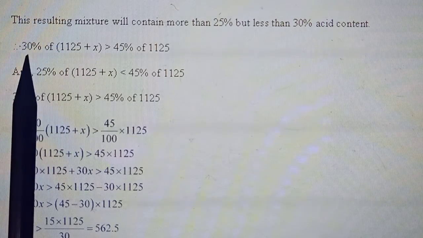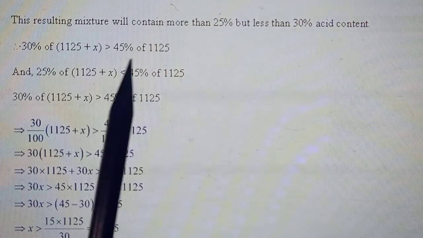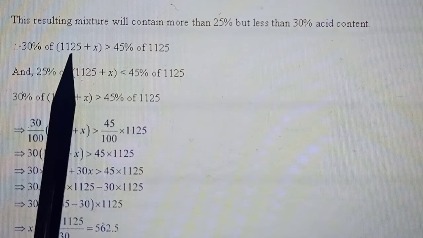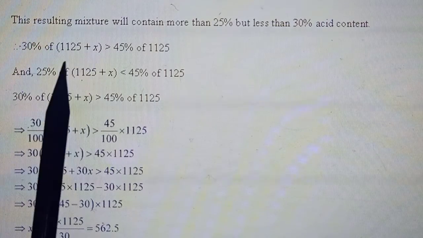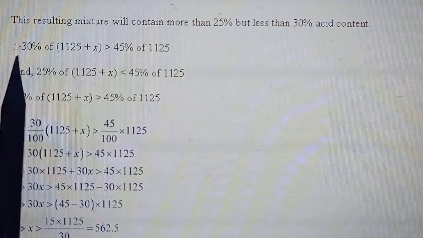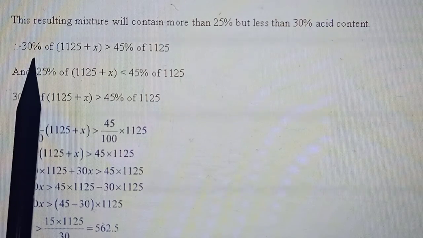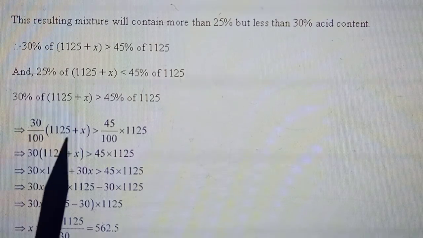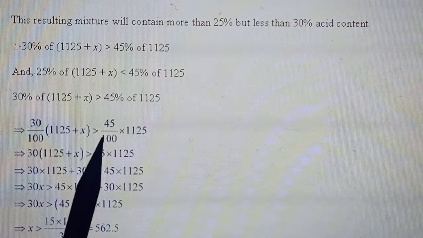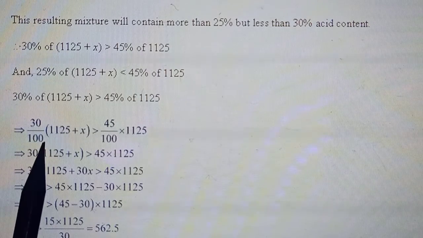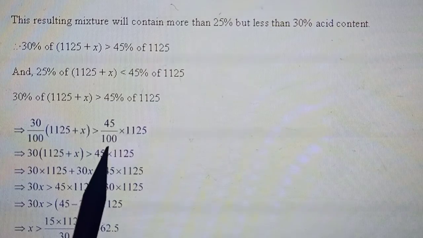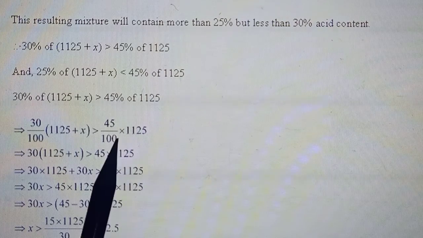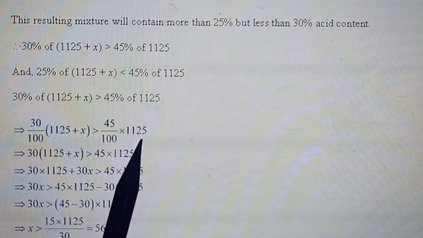One by one you take it, as they have taken first, less than 30. The acid content has to be less than 30% of (1125 plus x). The mixture strength had to be 30% at maximum. So 30/100 into the total mixture gives the content of acid in this mixture, which is the maximum limit, and that would be 45/100 into 1125, the acid we had in hand.